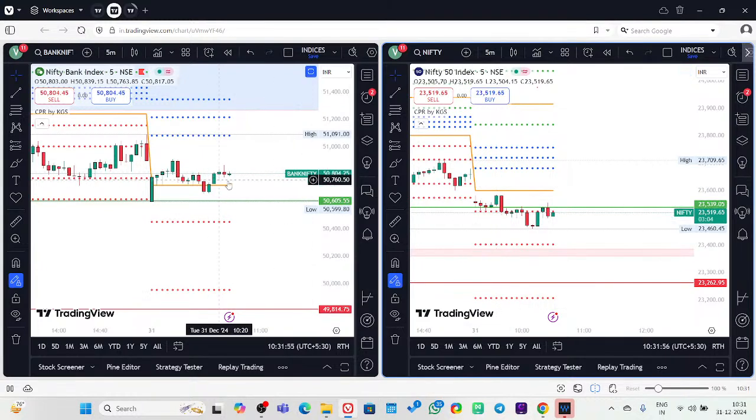Bank Nifty is at a support area because it is taking support from the demand zone here, closes above the previous day low, and still it wants to move up with good bullish power. If Bank Nifty supports, Nifty will fall down till this pivot.